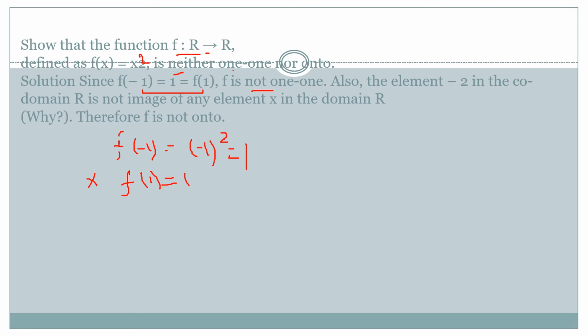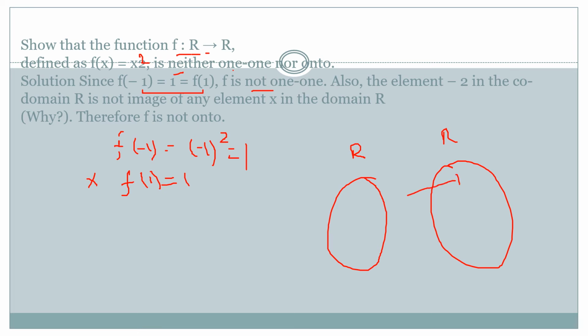This function is not onto because see how the function is defined. If this is 1, what will be its image? This is 1. If here is 4, what will be its pre-image? This will be 2.